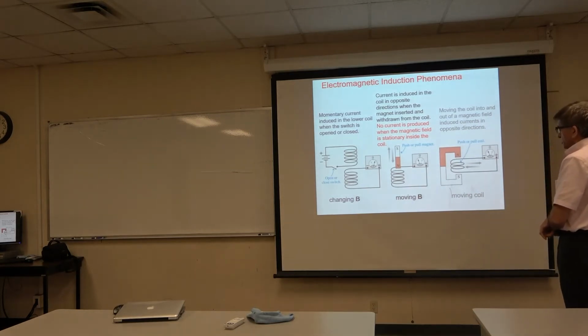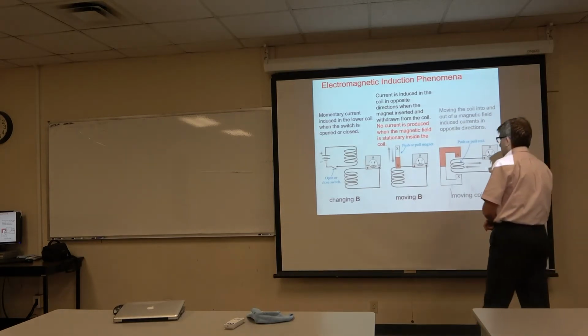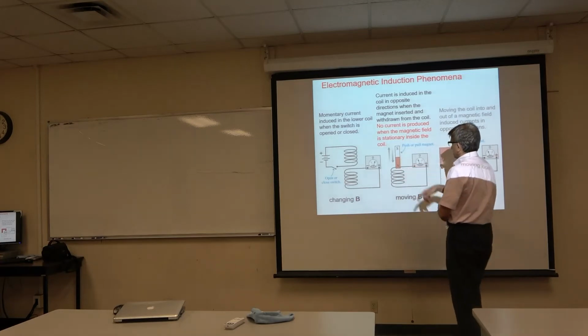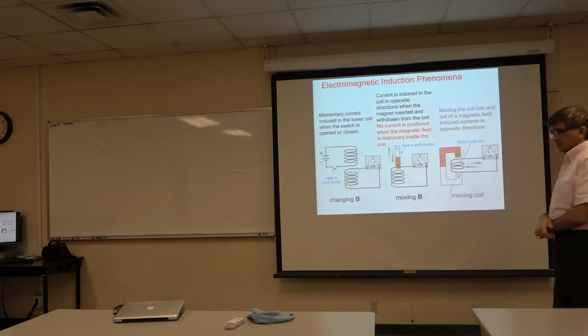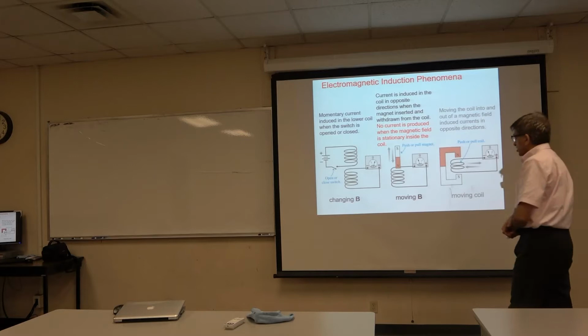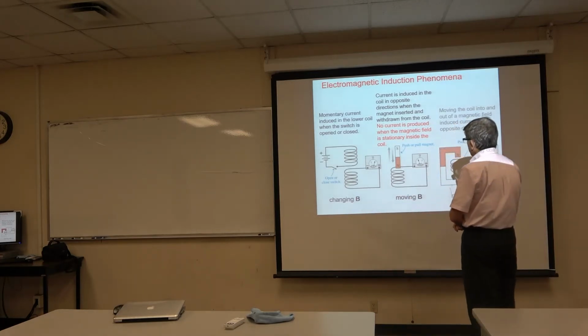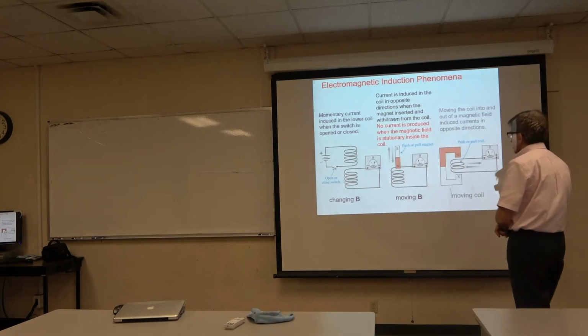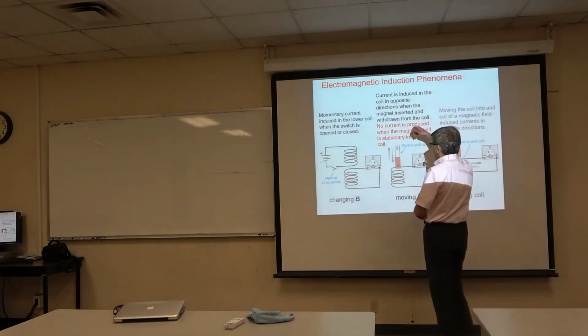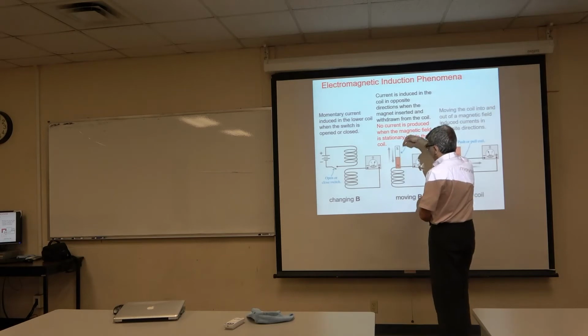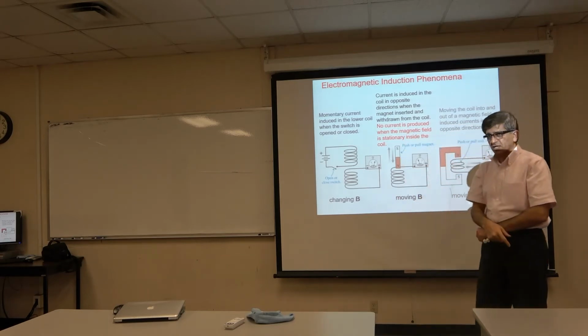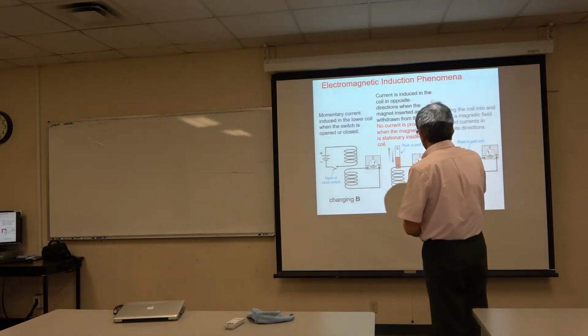We also noticed that moving a magnet, the magnetic bar, in a conducting coil which is not connected to the battery will also induce an electric current. If I move this magnet through this coil, the current will be generated.